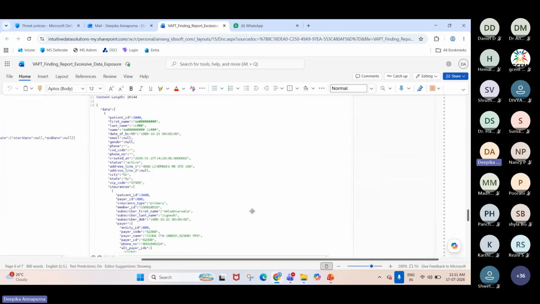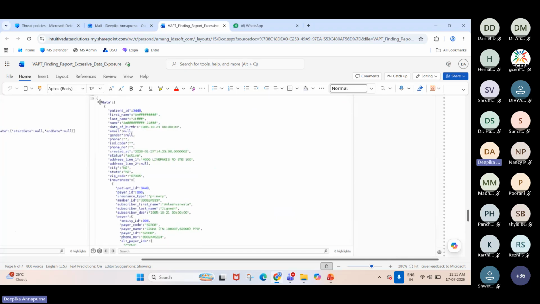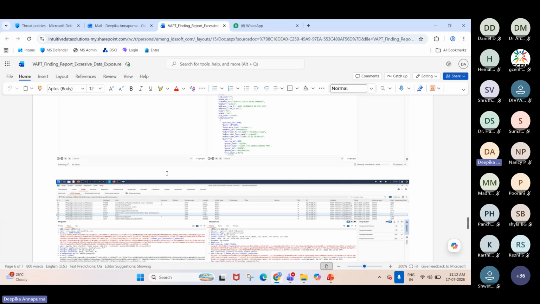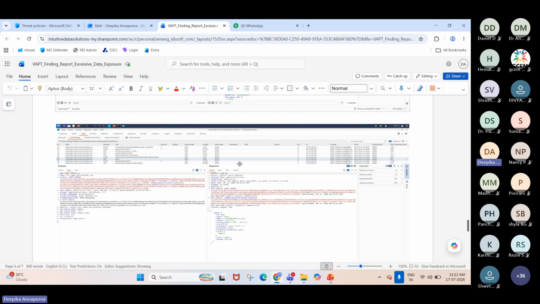After getting the list of the patient, here you can see the data, the list of the patients completely, the name, address, gender, email, address, everything, including the insurance details and the payer code, payer phone number, everything is visible in the POST request. That should not be done, or that should be encrypted.